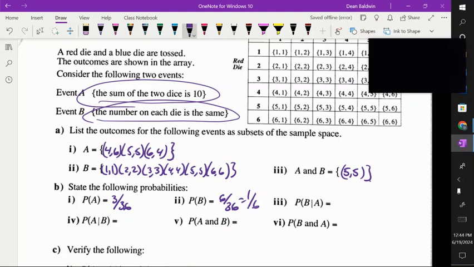So all the options for this one are here. There's only one where they have the same number, and the total possible for getting the same number is 6. So it's what?